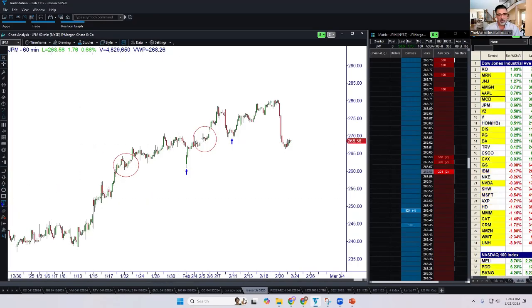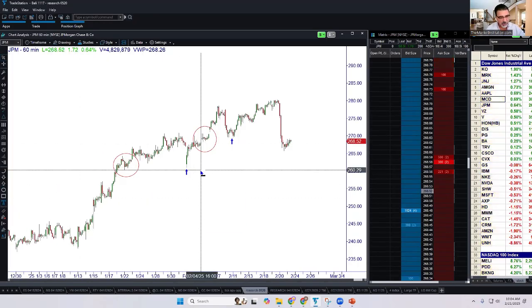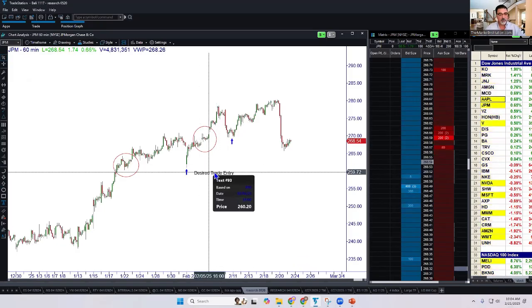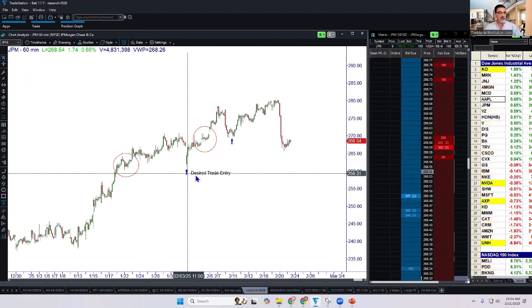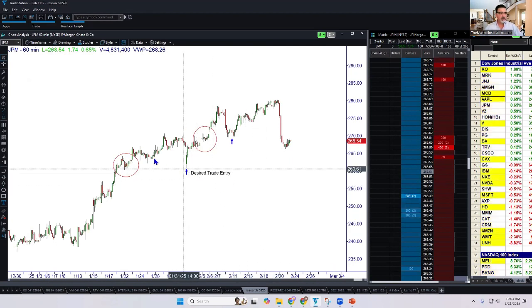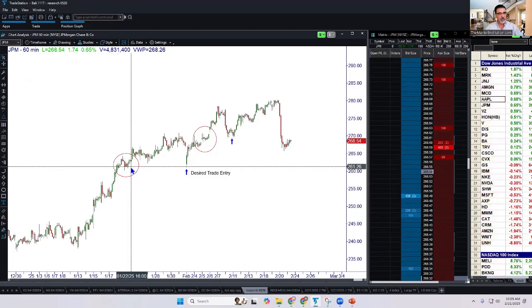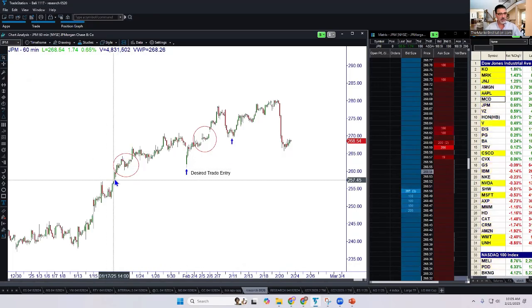So step one, find a place on the chart for a desired trade entry. To get a desired trade entry, we need to verify a leg-base group of candles on the left-hand side.